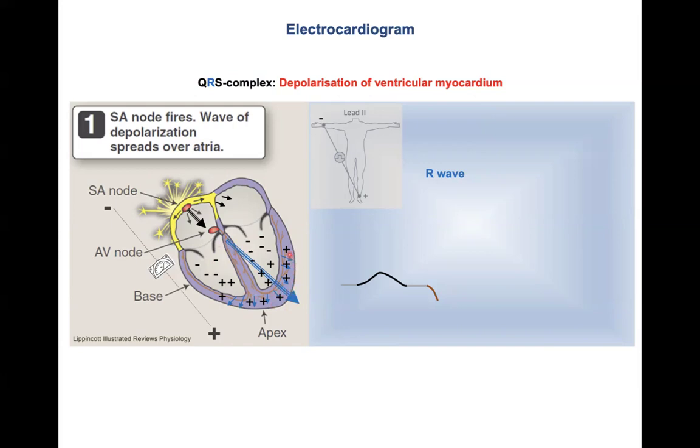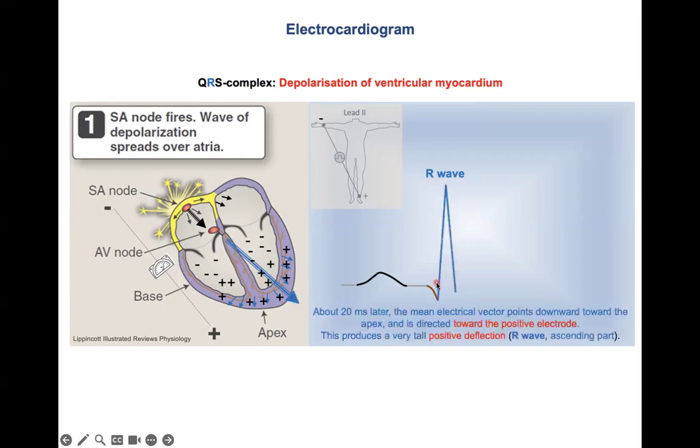Many millions of cells in the ventricles, and this vector in blue represents the depolarization wave direction from the minus electrode to the plus electrode, hence positive deflection, and many cells, large mass, hence a strong deflection. This is the so-called R wave. Okay?